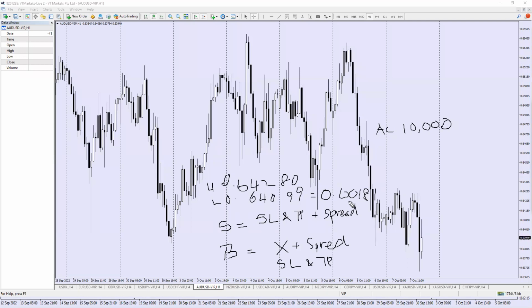So we are only referring to the last two digits over here. What is it telling you? Our risk over here is 18.1 pips. Okay, now because we are selling, we need to add the spread, correct?